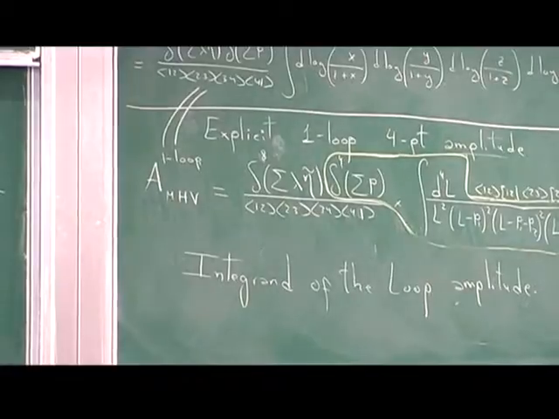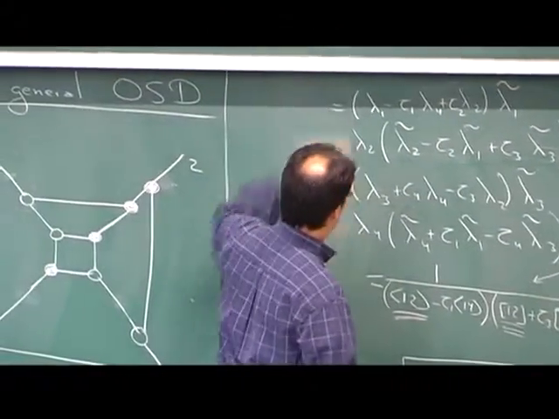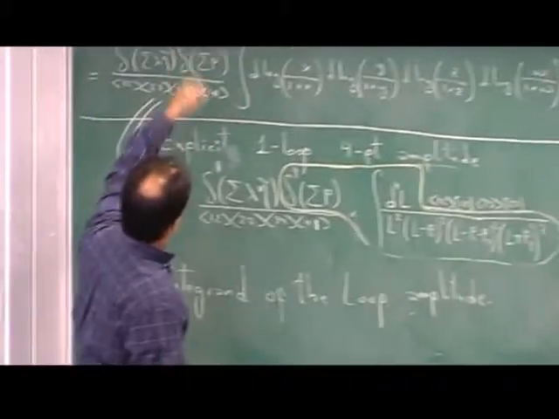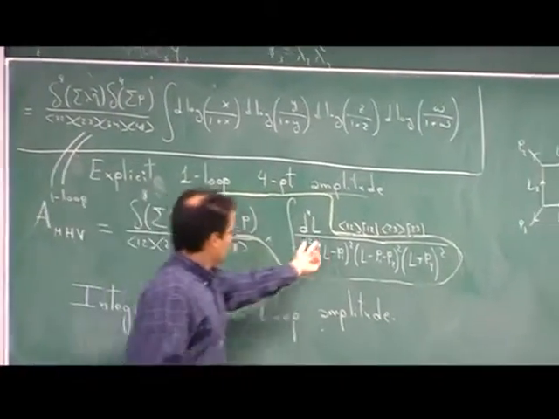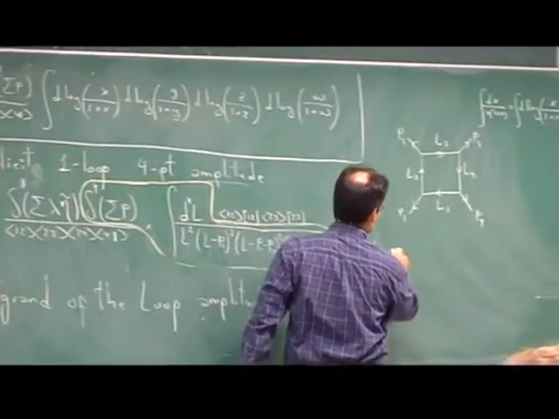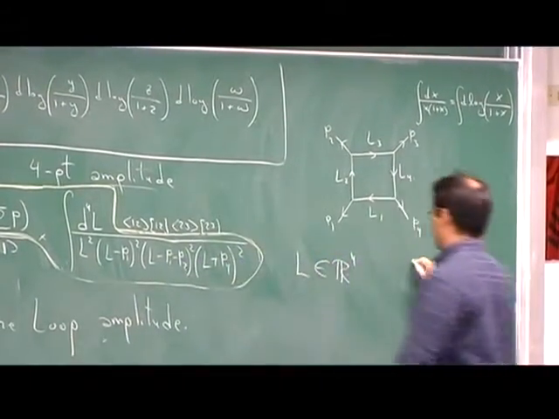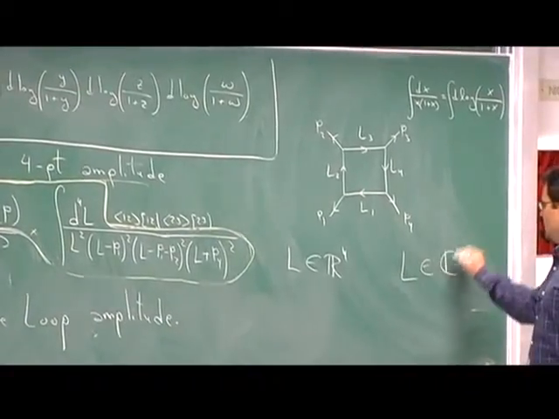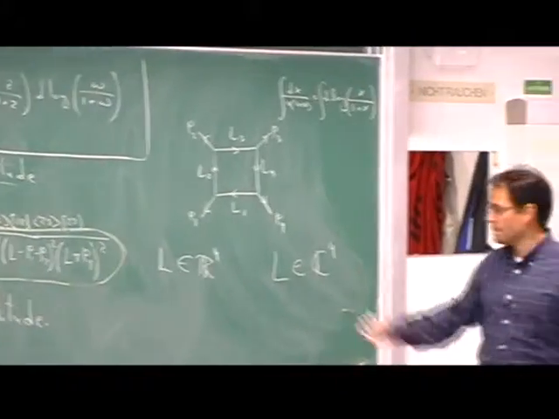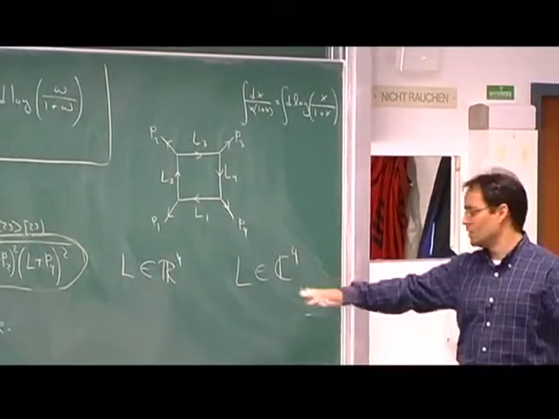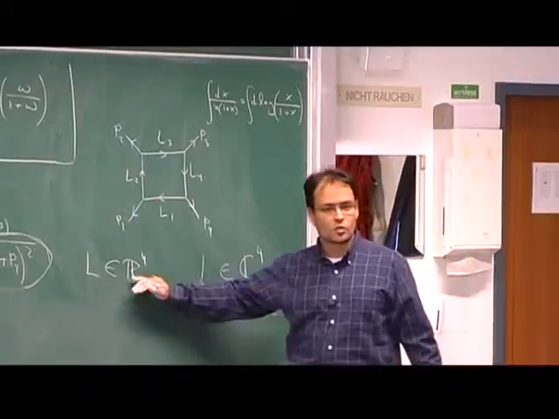Okay. So the contour depends on the momentum. The physical contour is the contour where the momentum L belongs to R4. So you can think about L originally as a general variable in C4, and you're choosing a middle dimensional cycle or a middle dimensional object in C4 to be your contour.